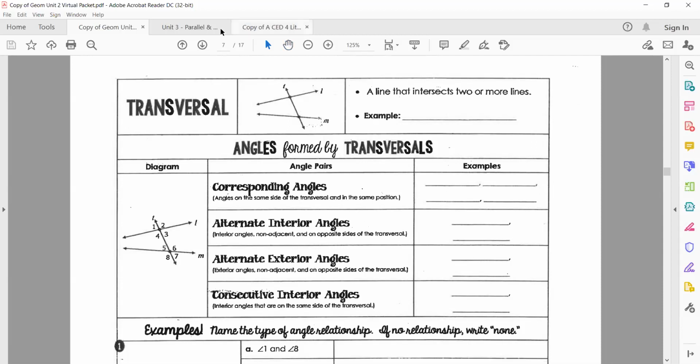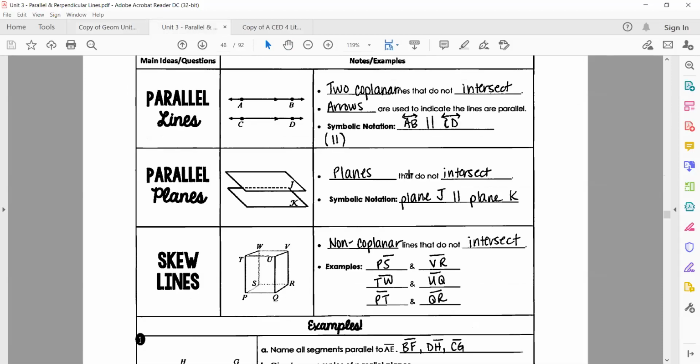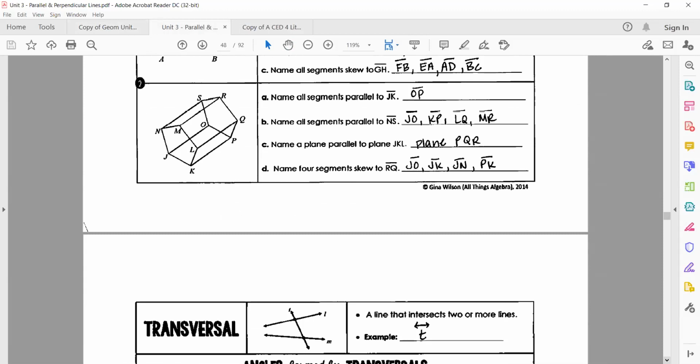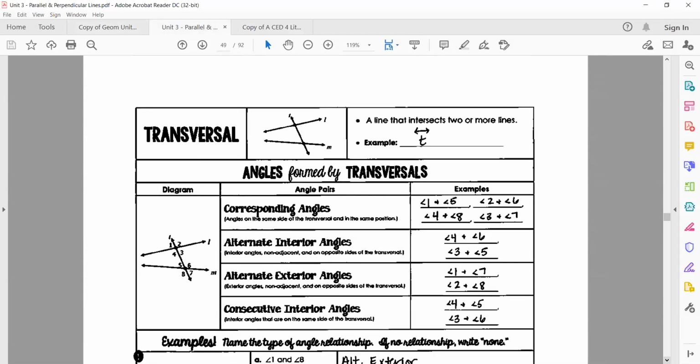And the reason that those four definitions are important, you'll see that here in a minute when we start looking at parallel lines and transversals, because these relationships tell you something really, really important.